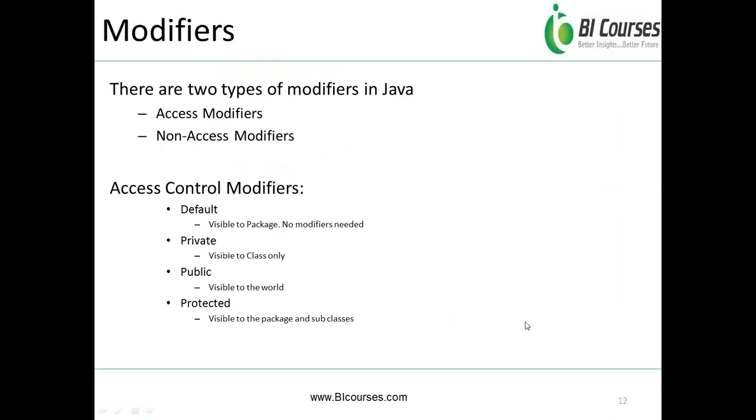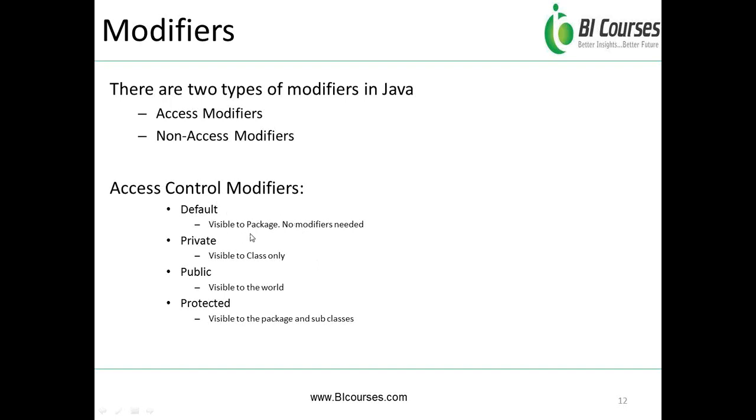Now modifiers. There are two types of modifiers in Java. One is access modifiers and another one is non-access modifiers. Access modifiers control access to variables, methods or classes. There are four different types of access modifiers.